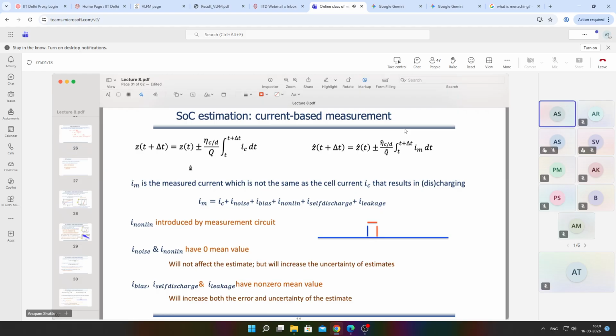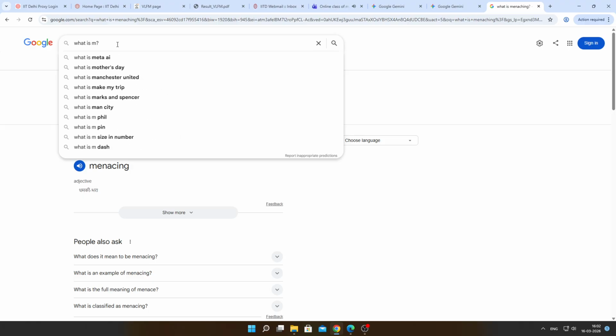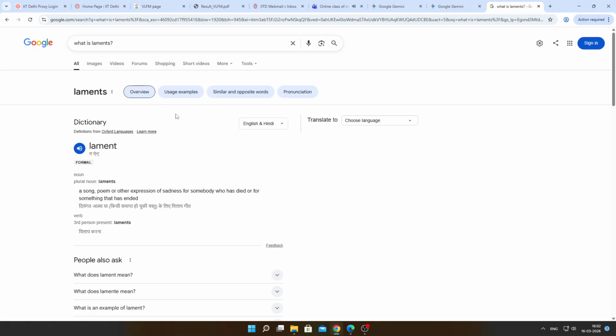So there is another thing: whether the error is this amount, or this amount, or even higher.